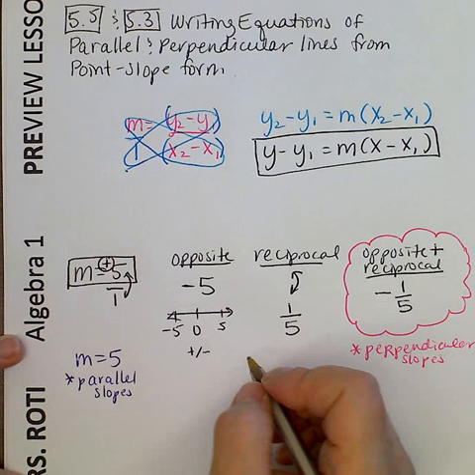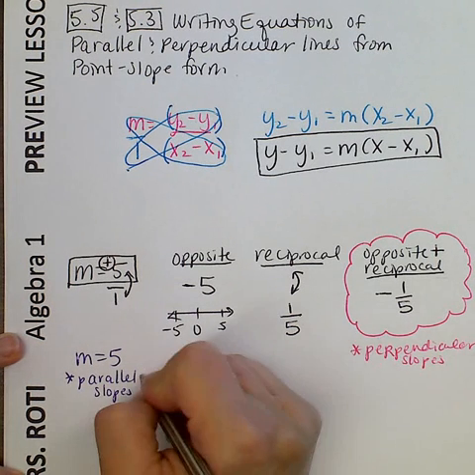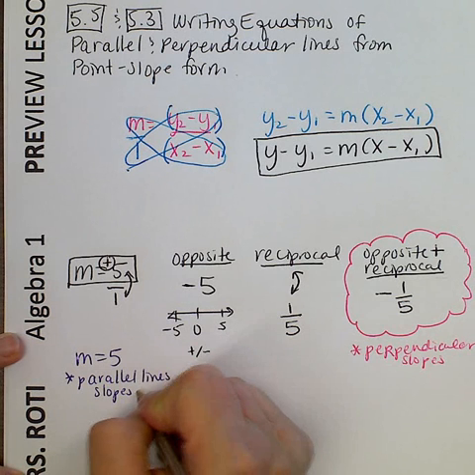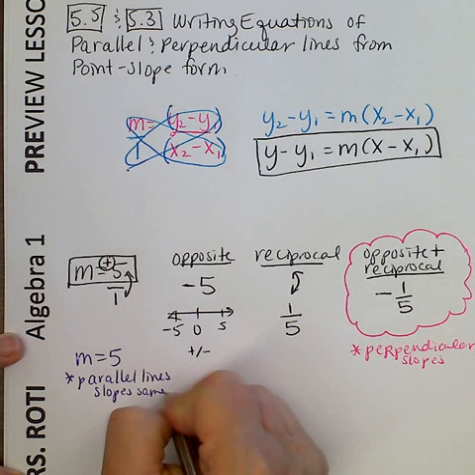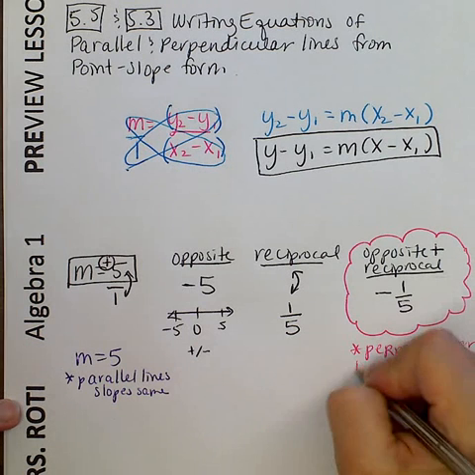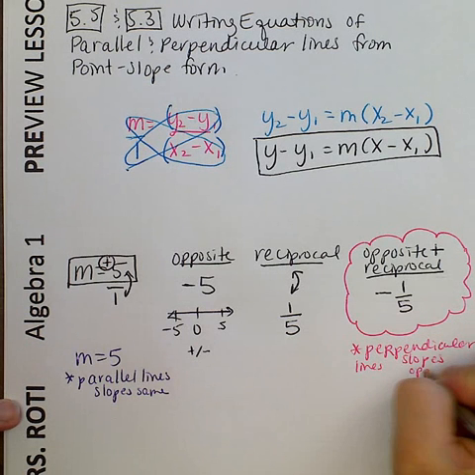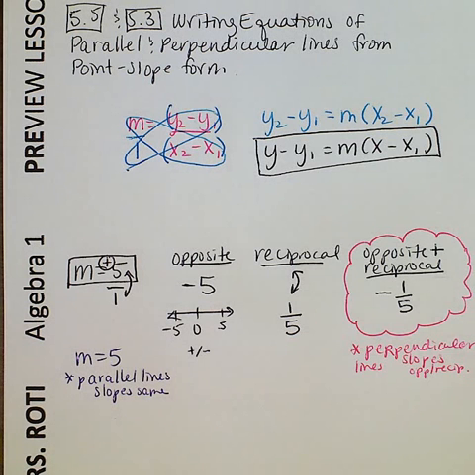Some people would rather say that it's parallel lines because the slopes are the same, and perpendicular lines because the slopes are opposite reciprocals. As long as you understand those major vocabulary phrases, you should be in good shape.